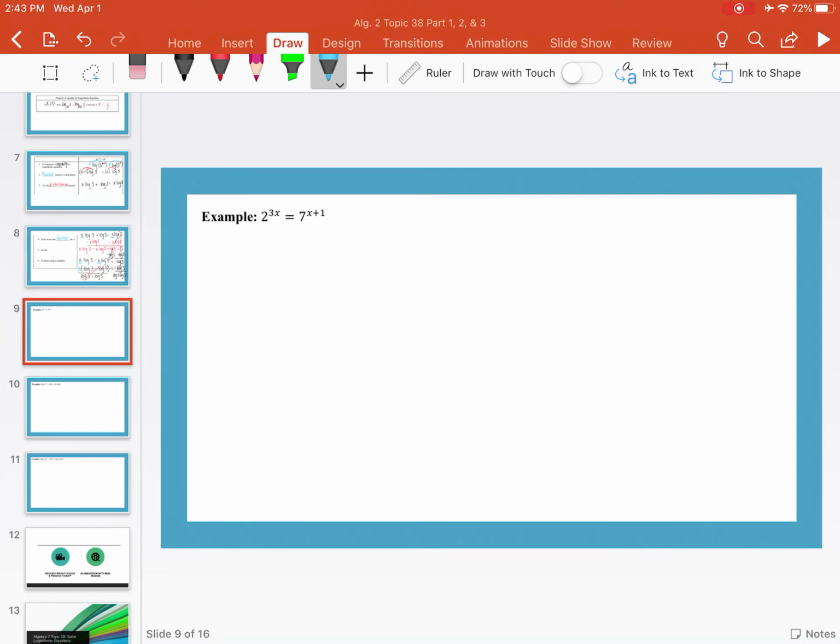Moving on to the next example, here we have 2 to the 3x equals 7 to the x plus 1. So using the property of equality, we would end up taking the log of both sides. So we get log of 2 to the 3x equals log of 7 to the x plus 1.